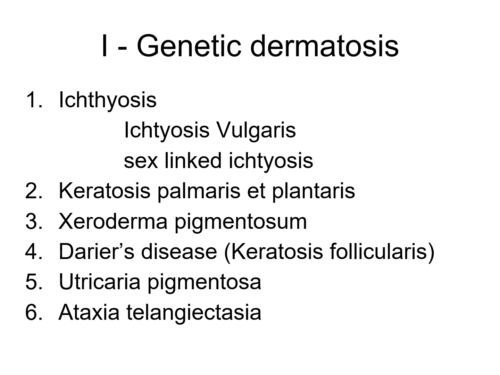Then the genetic dermatoses include ichthyosis, the ichthyosis vulgaris or common type of ichthyosis, and sex-linked ichthyosis, keratosis palmaris et plantaris, xeroderma pigmentosum, Darier's disease that is also termed keratosis follicularis, urticaria pigmentosa, and ataxia telangiectasia.